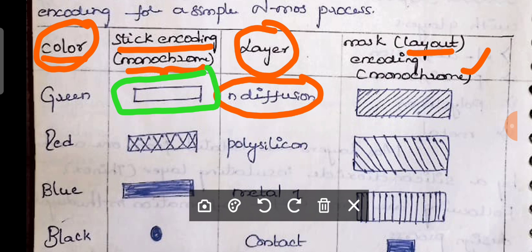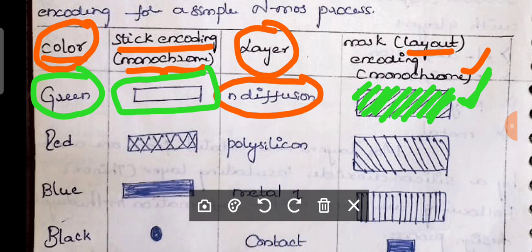It is your wish, you can represent it in whatever manner, but you do not have any authority to change the color. What is the color you have to use for N diffusion? Green. And coming to the layout representation, we do not have any authority to change it. We have to represent N diffusion in this manner. Don't forget, represent it very closely.